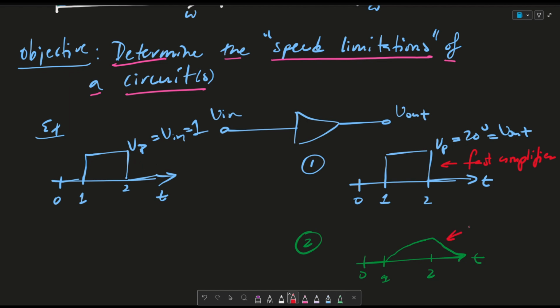And here we call this a slow amplifier. So the whole purpose of frequency response, or our objective, is to determine how fast or how slow the circuit is, or how many cycles per second.